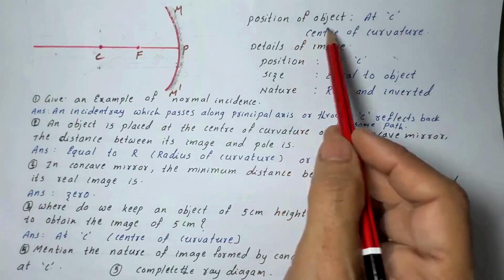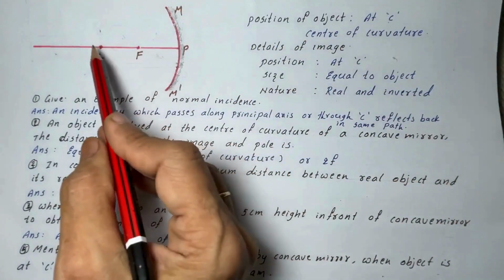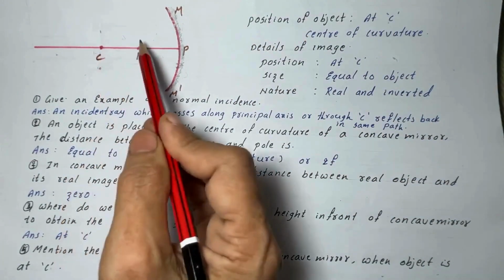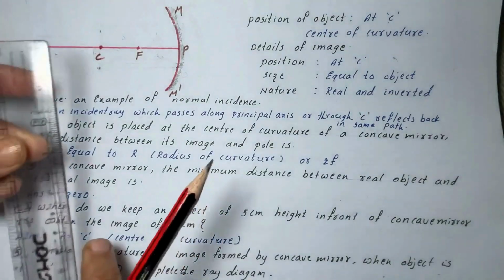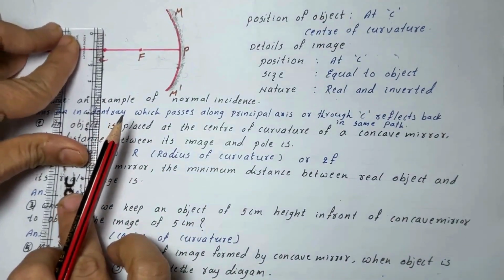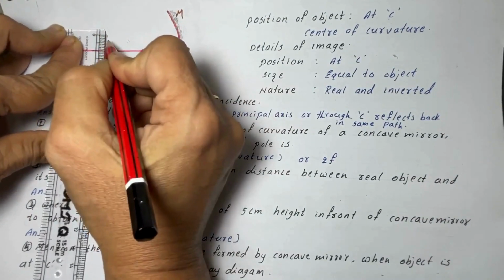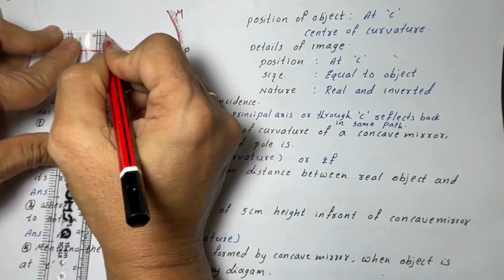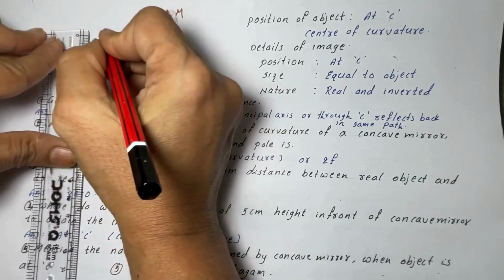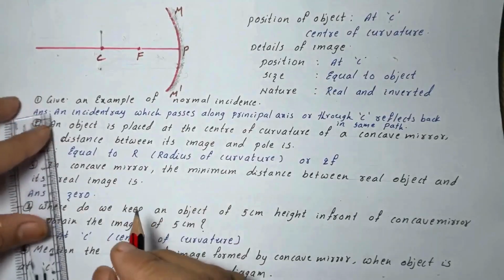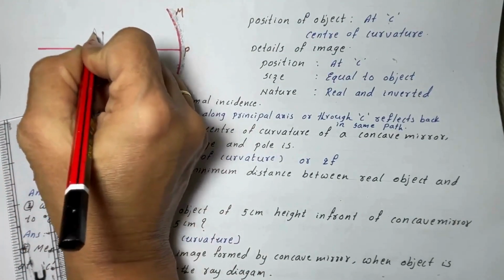Now our object is at C, that is, on the center of curvature of a concave mirror. Let the object be a candle kept on the center of curvature, whose height is 1 centimeter. In our diagram, this is the 1 centimeter long candle and this is AB.